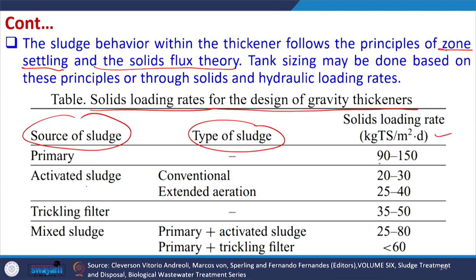Whereas if it is from activated sludge, whether conventional or with extended aeration, then the values may change. Then for trickling filter we have some values, and similarly for mixed sludge, whether primary plus activated sludge or primary plus trickling filter. So we have solids loading rates in kg TS per meter square per day that will be taken in the gravity thickener.